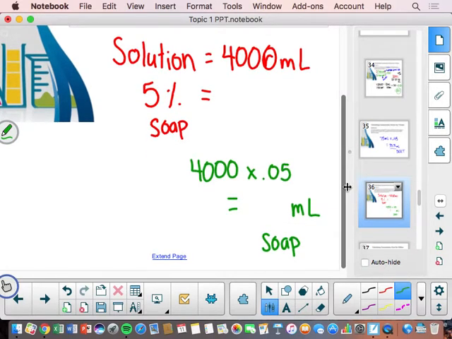So it is soap. I'm not crazy. So if we go to our calculator, we use 4,000 multiplied by 0.05, we get 200. So if you're trying to make a 4,000 milliliter, that's a 4 liter jug, you need 200 milliliters of it to be soap, and then the rest would be water. So 3,800 milliliters of water, 200 milliliters of soap.